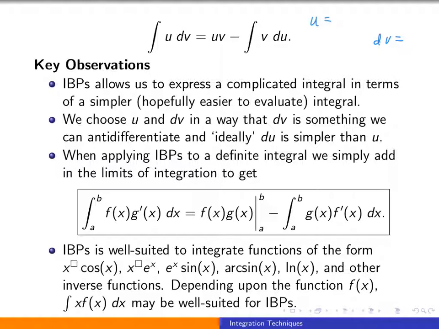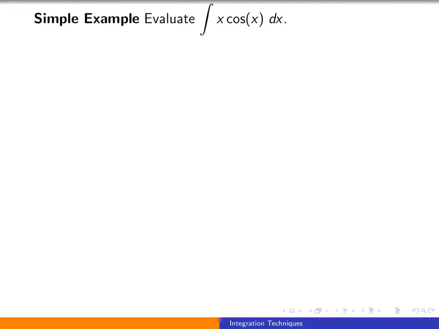And let's look at such an example. Let's evaluate the integral of x cosine x. Let me start off by reminding us of this integration by parts formula: the integral of u dv equals uv minus the integral of v du. So looking at our integral, we need to pick something to be u and something to be dv.